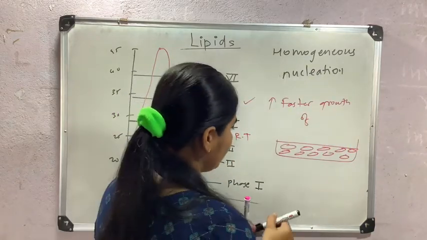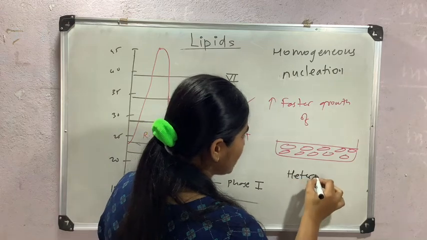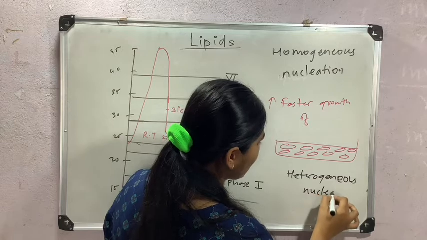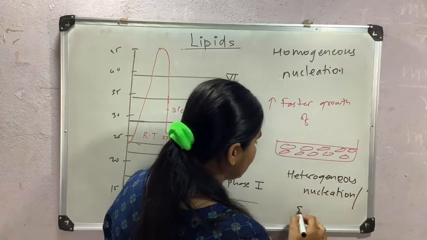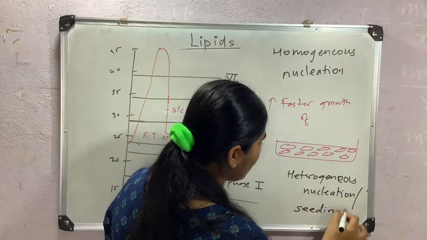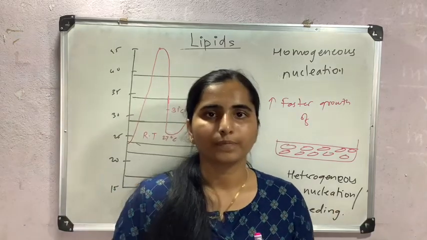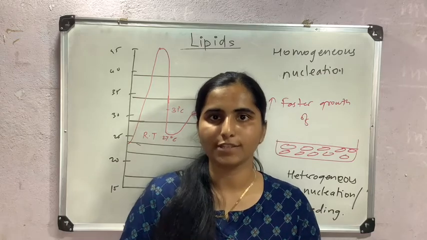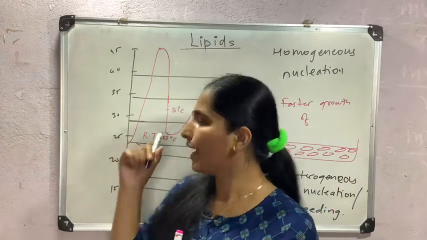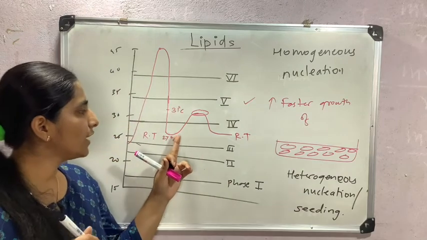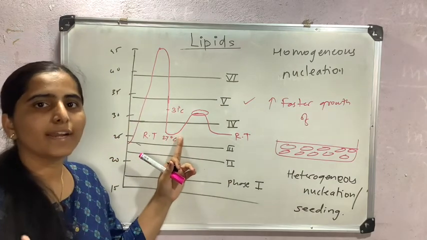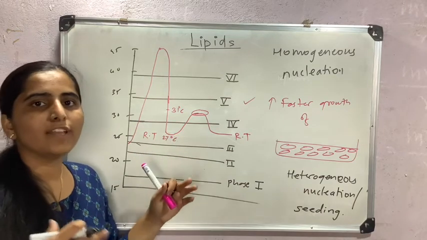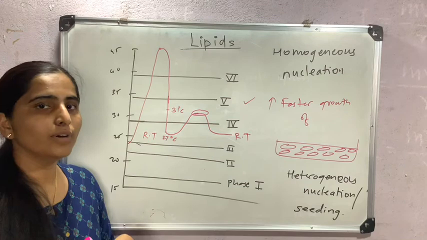In heterogeneous nucleation, or seeding, if you pour chocolate which already contains phase 5 seed crystals into the molten chocolate at this temperature, then there will be faster growth of phase 5 crystals.